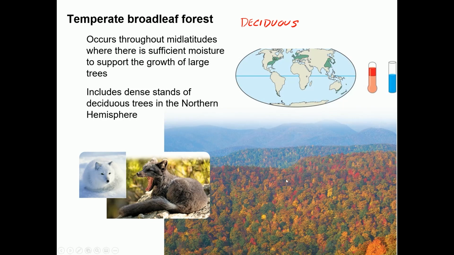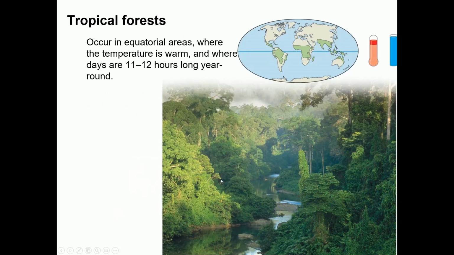So tropical forests, you can see that these occur at tropical latitudes, obviously. We already talked about how it has to be hot temperatures and very, very moist, lots and lots of rainfall. These are dominated by evergreen broadleaf trees. So we had evergreen trees, which were pines and other cone-bearing trees. We had broadleaf trees, which were deciduous trees. But these are evergreen broadleaf trees.